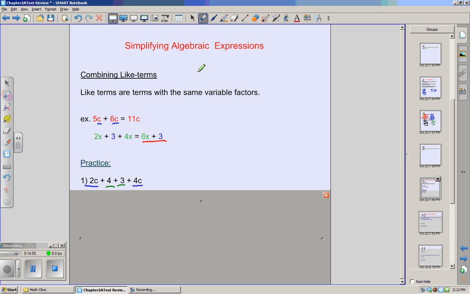They are like terms. So 2c plus 4c is 6c. Also, my 4 and my 3 are similar because they are just numbers with no variable attached. So I know 4 plus 3, I have 7. My final answer is 6c plus 7. I do not need to solve for the variable in this instance because there is no equal sign in the original problem.